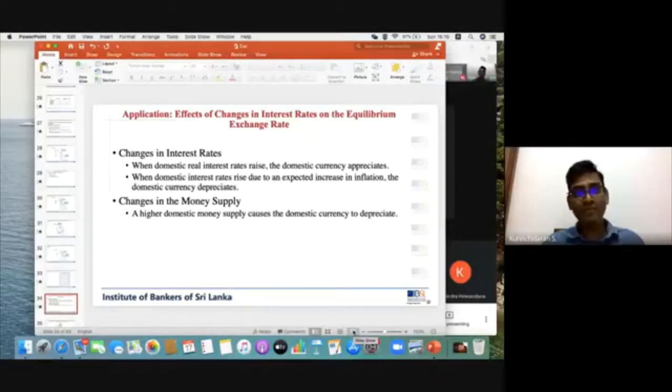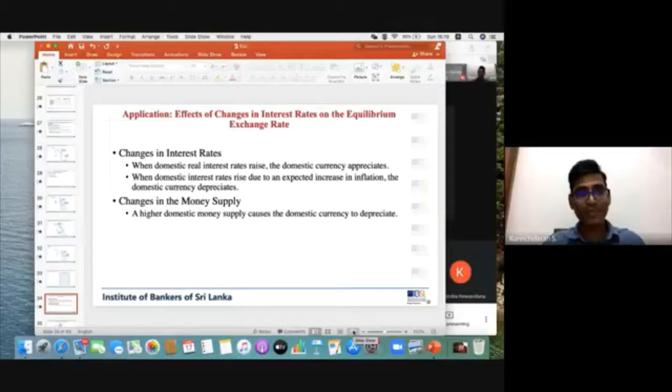Now, up to now, we saw nothing change in the money supply. That means the supply curve of the dollar, of domestic assets, is not changing. That is fixed, right?